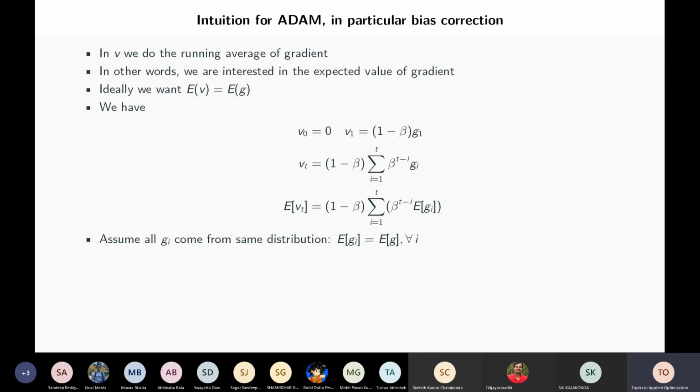If in V we do the running average of the gradient, that's the velocity. In other words, we are interested in the expected value of the gradient. These are stochastic gradients, right? And remember, they are all children of the gradient descent method. These are just modifications of the original method.